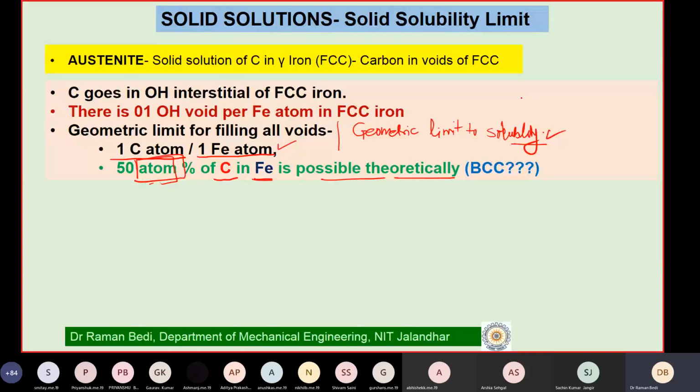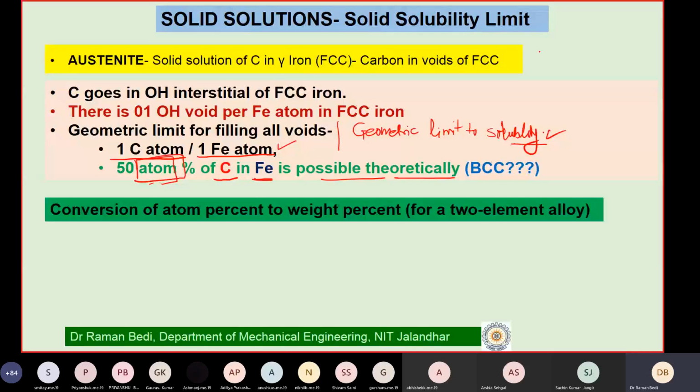I can try to calculate the weight percent of this. We can convert it into weight percent using a standard formulation. I can do it very easily for a two-element alloy using this formulation, which is available in most of the textbooks, so we'll not go into the details.